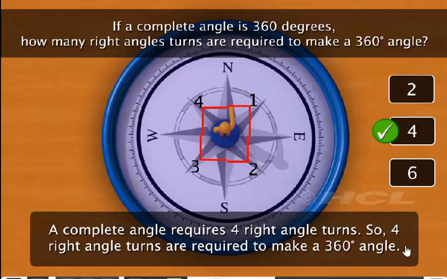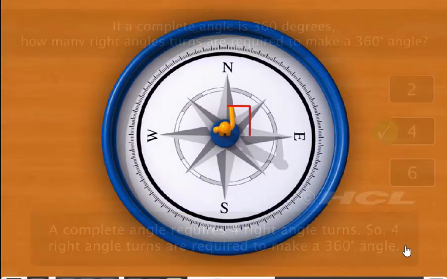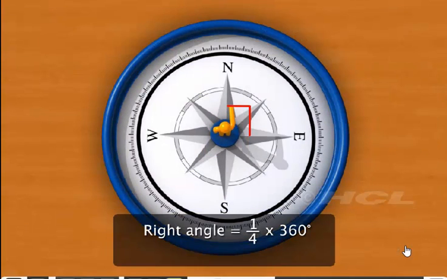A complete angle requires 4 right angle turns. So, 4 right angle turns are required to make a 360-degree angle. Which means the exact measure of a right angle is 1/4 of 360 degrees, that is 90 degrees.